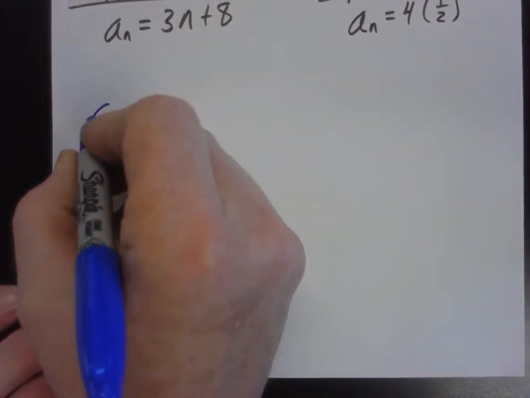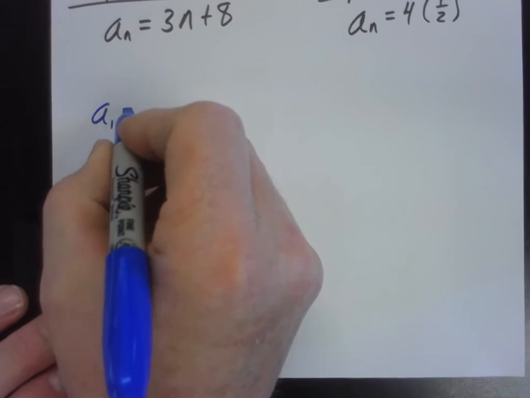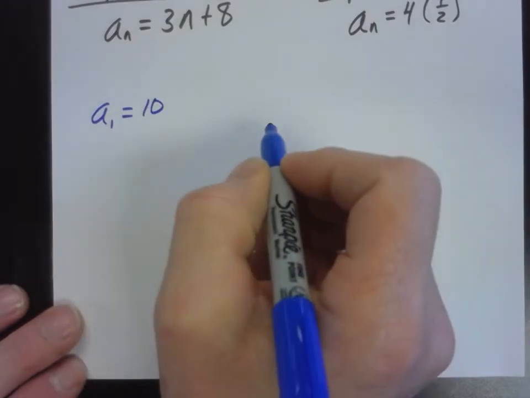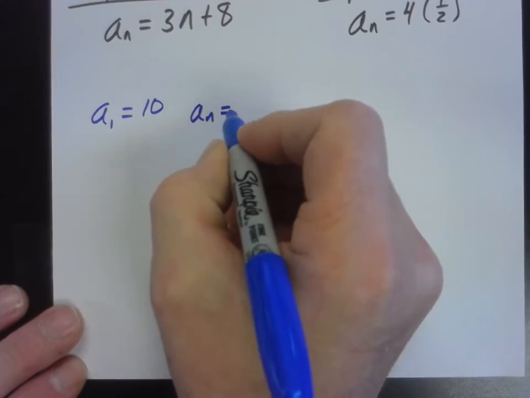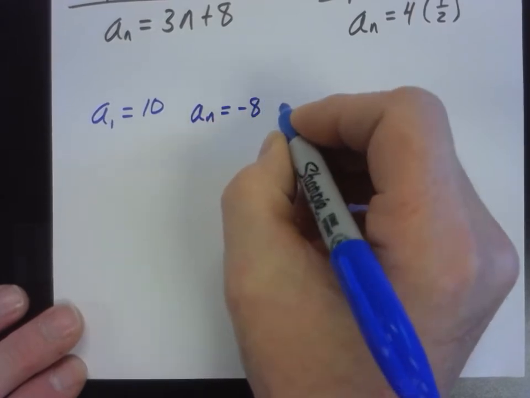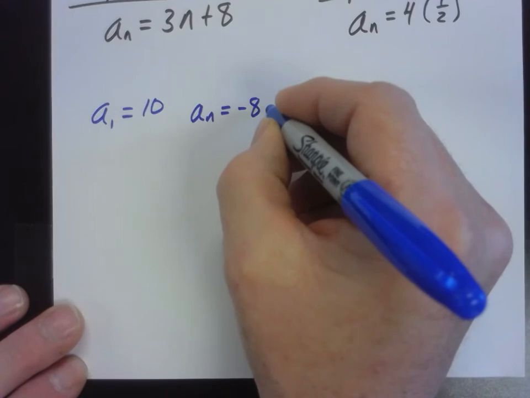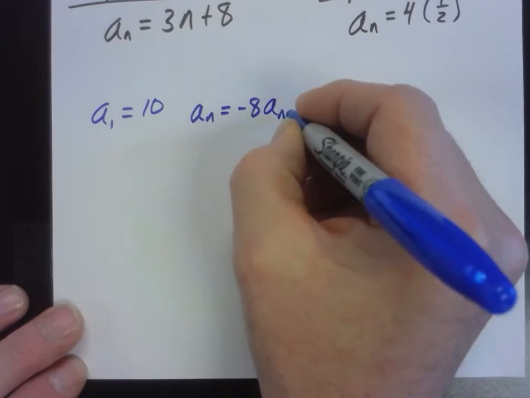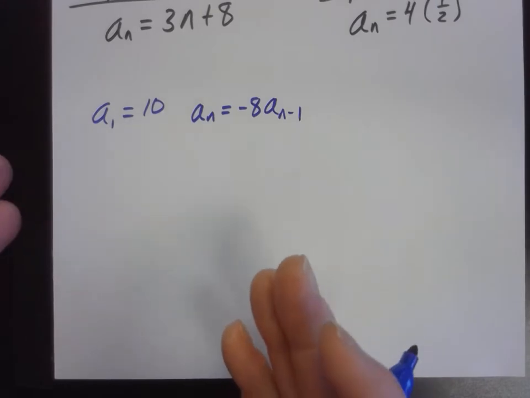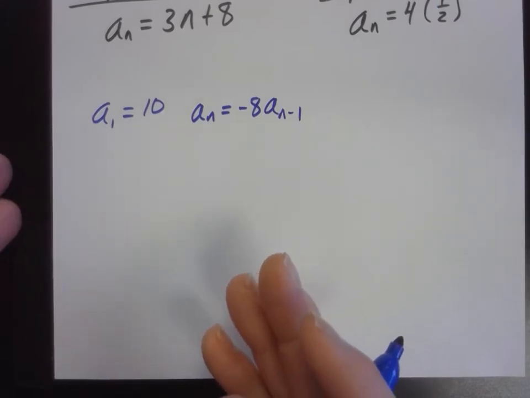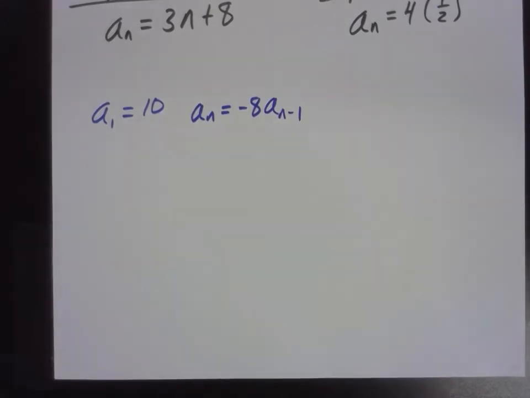So it tells you a sub 1 is 10, and a sub n equals negative 8 times a sub n minus 1. Here's a recursive rule. Can we write an explicit rule for this?